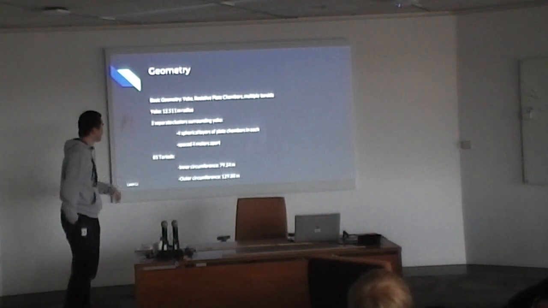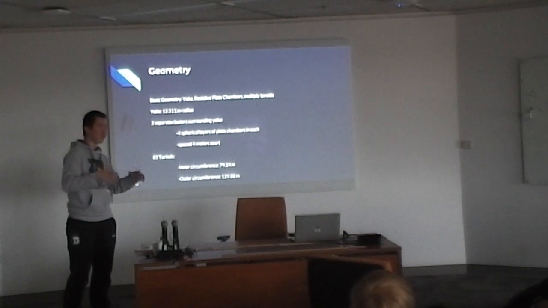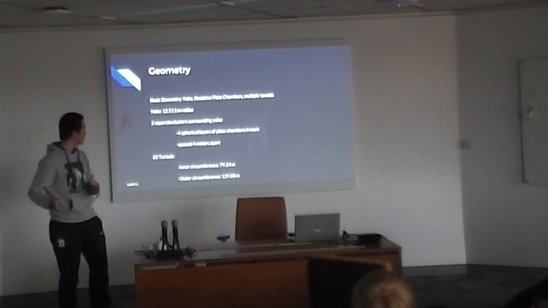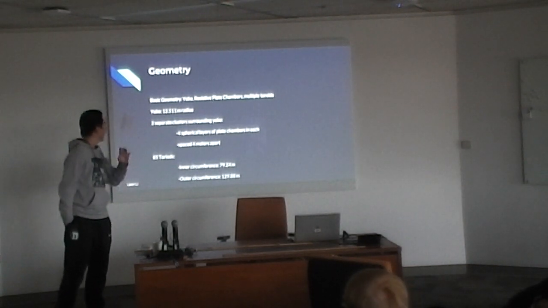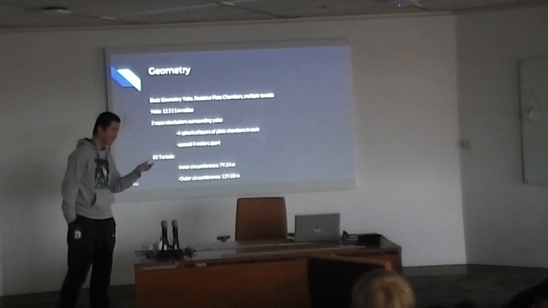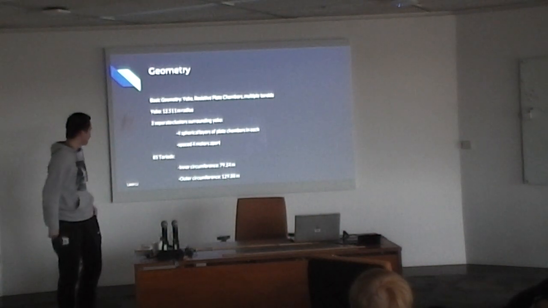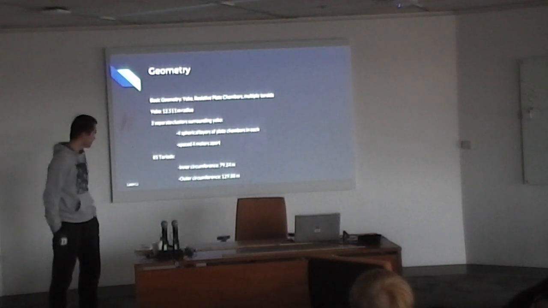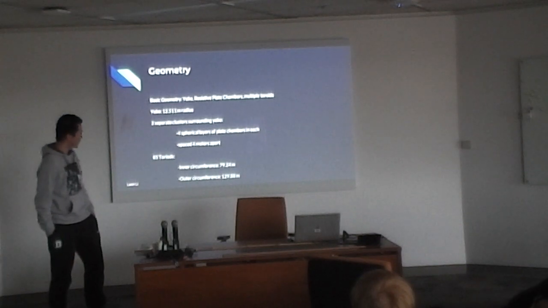For the yoke, it's 12.511 meters for the radius, which is the radius of the calorimeter with 1.3 meters added to it. We also have 3 separate clusters that surround the yoke, each with 4 spherical layers of the resistive plate chambers, and they're spaced 4 meters apart. And we have 85 toroidal magnets with an inner circumference of 79.24 meters and an outer circumference of 129.88 meters.